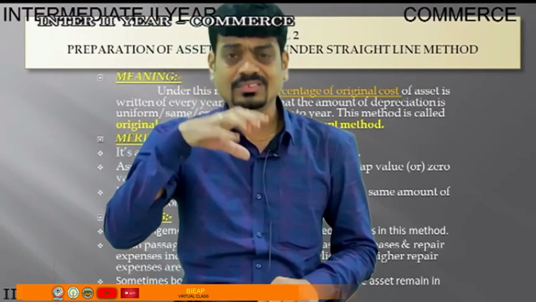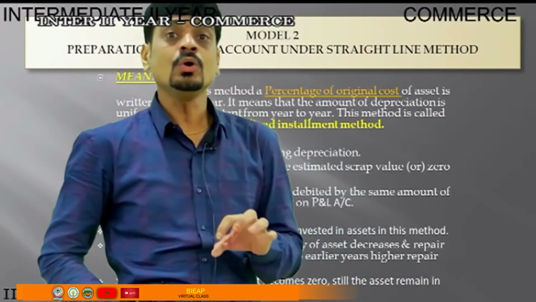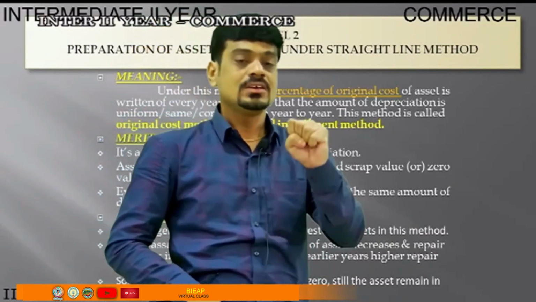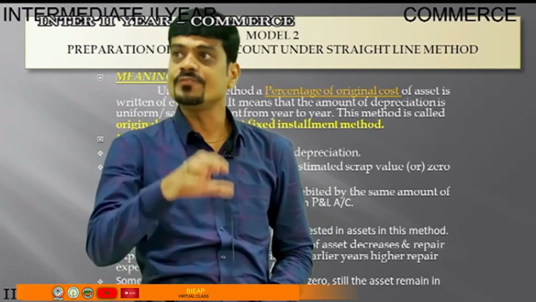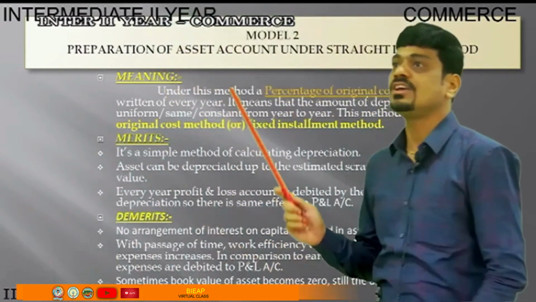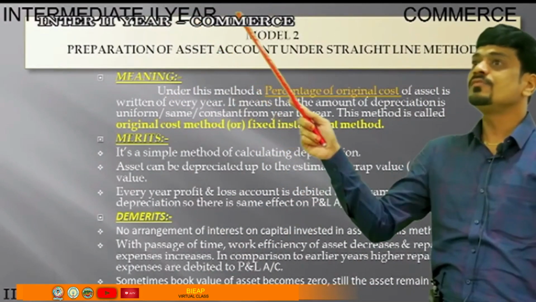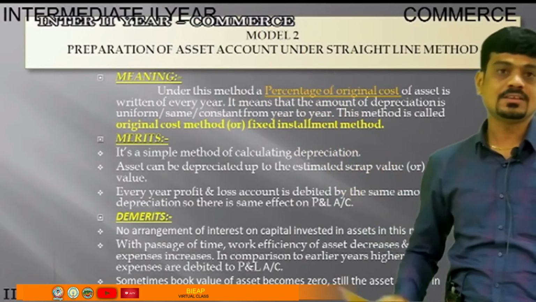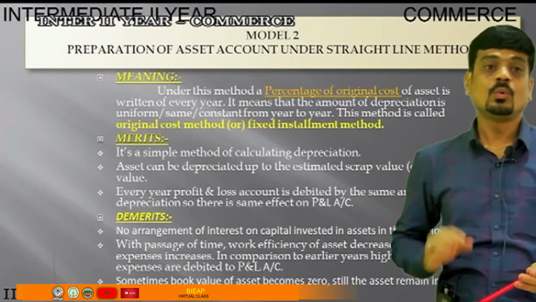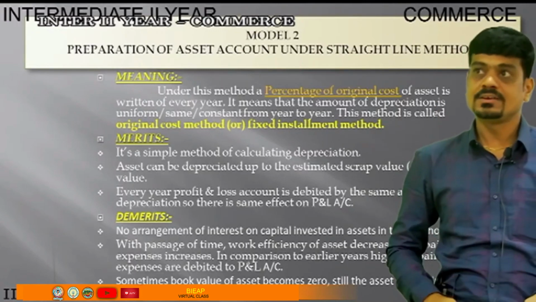So it's very important to first know the concept of the method of charging depreciation. The first method of charging depreciation, under which we are going to prepare the asset account, is the straight line method. So first we'll know the meaning of straight line method.